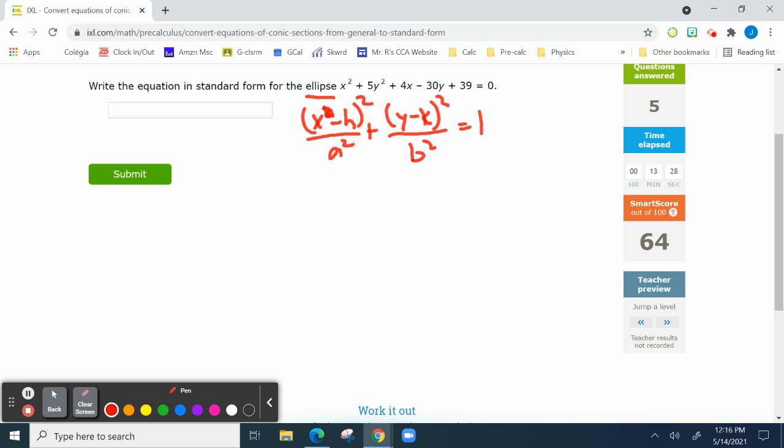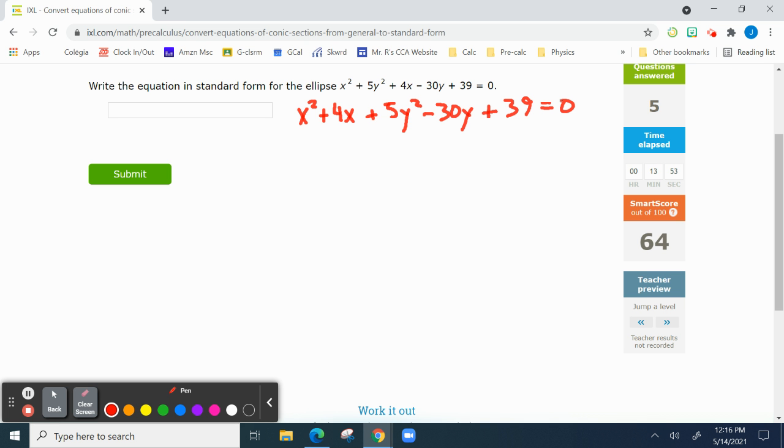Okay, so I'm going to erase that because I need all the room I can get now. So now I'm going to put the x terms and the y terms next to each other to make completing the square easier. Plus 4x plus 5y squared minus 30y plus 39 equals 0.